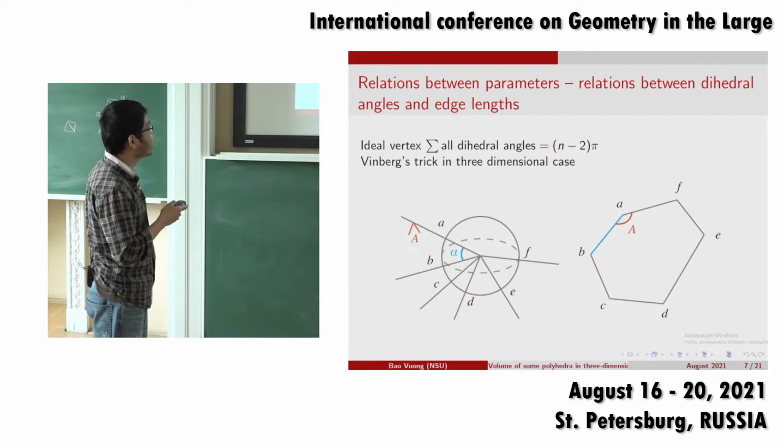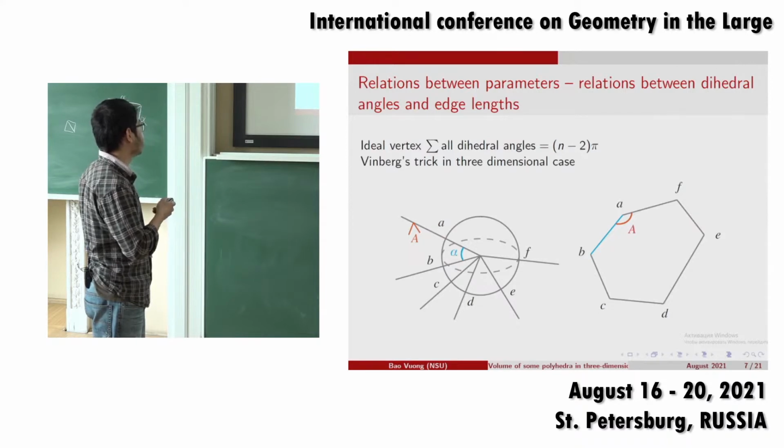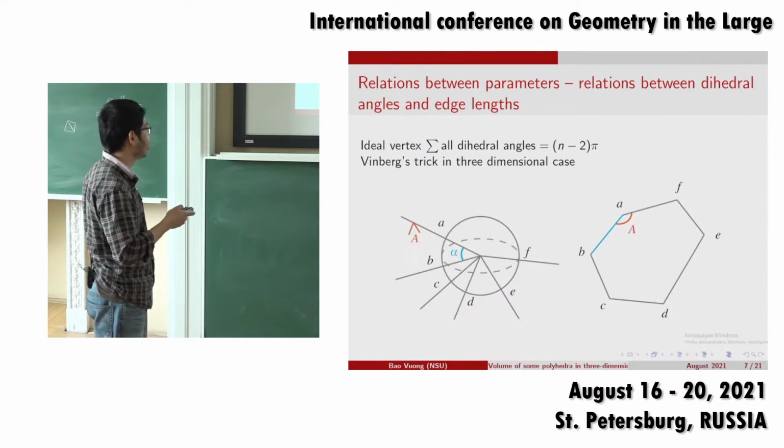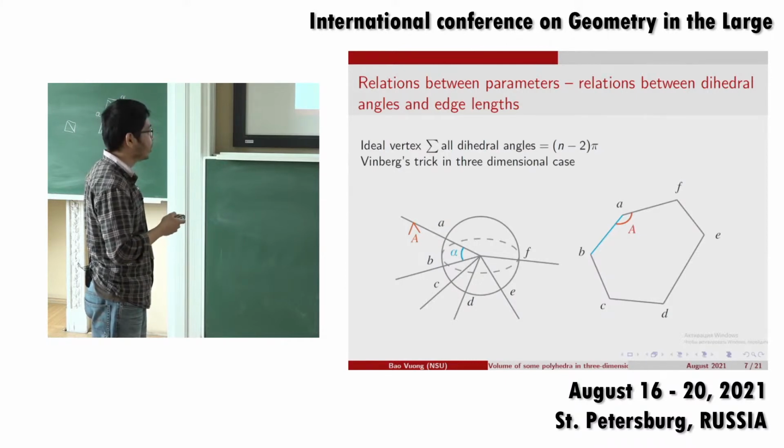To get the relation between the dihedral angle and the edge length, instead of the three-dimensional model we can investigate the two-dimensional spherical polygon. It gives us a tool to get the relation.